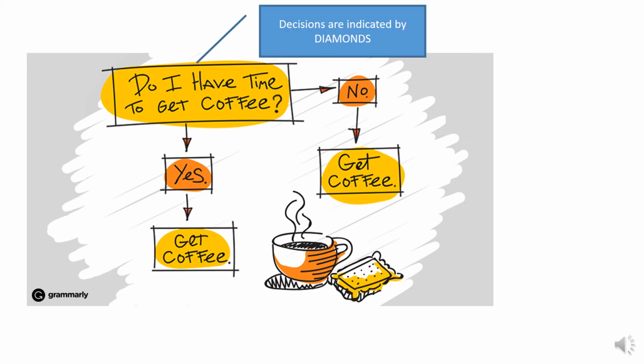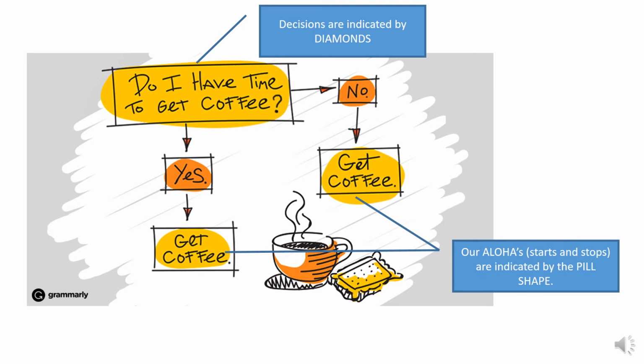First, we typically use diamonds to indicate where we make decisions. Second, we show the end of the process with the pill-shaped form. Otherwise, this flowchart is simple and good. It has a clear beginning, it has a clear terminus, it flows in the logical order that you would make the decision in.